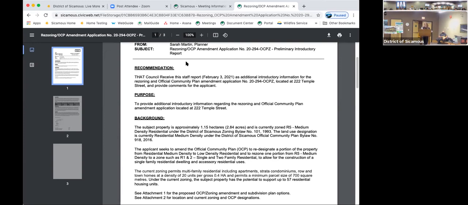This designation transitions from the high density residential supported in the town center, which is shown in red on this map, to the low density residential, which is supported towards the boundary of the district, which is shown in the yellow. Of note, high density residential is supported adjacent to the town center commercial area as well.